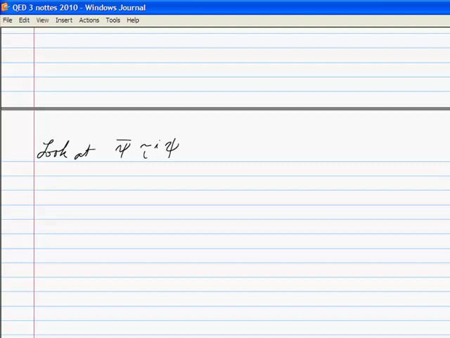Now there's a tau matrix in there. This goes to psi bar U dagger tau i U psi.